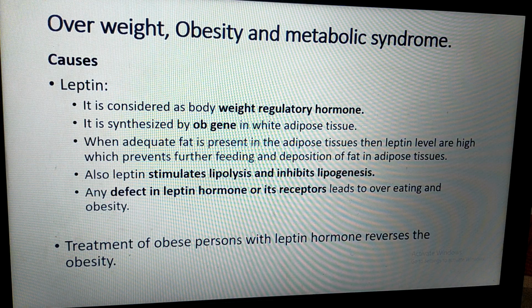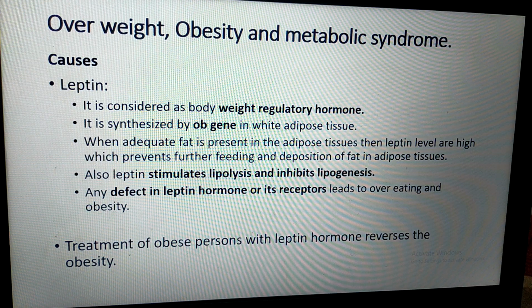At the same time, leptin stimulates lipolysis. Lipolysis means breakdown of the stored fat in the adipose tissue, and it inhibits lipogenesis, means if leptin is secreted, then it inhibits further fat deposition, that is, inhibits lipogenesis. Genesis means synthesis of fat, mainly triglycerides.